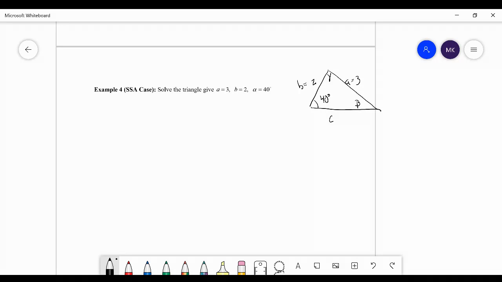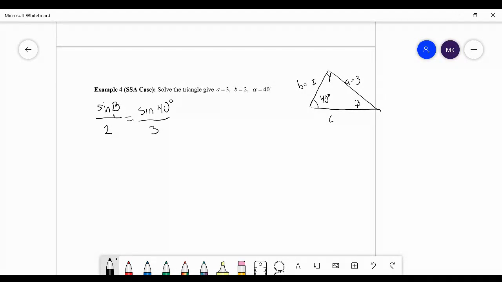Since I'm trying to find beta, I want to use the set of equations for law of sines where beta is in the numerator, or unknown. So what we end up with is sine of beta over 2 equals sine of 40 degrees over 3.